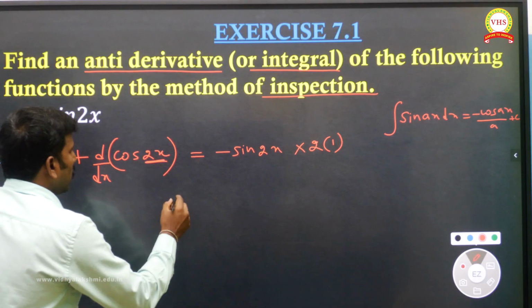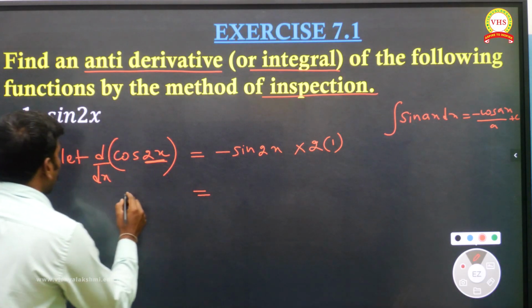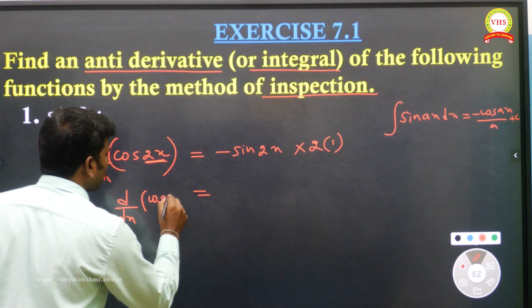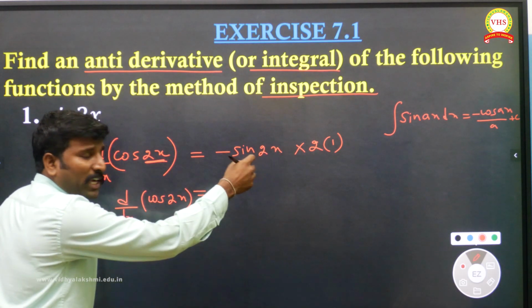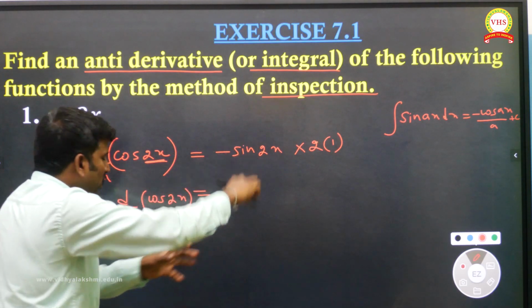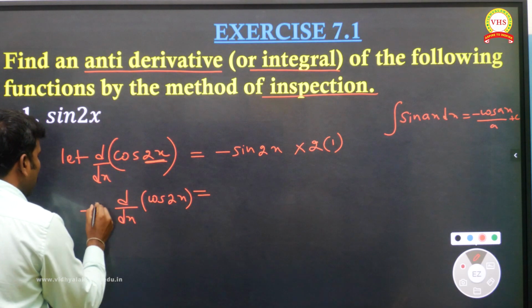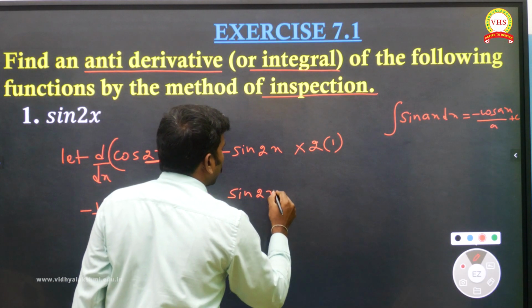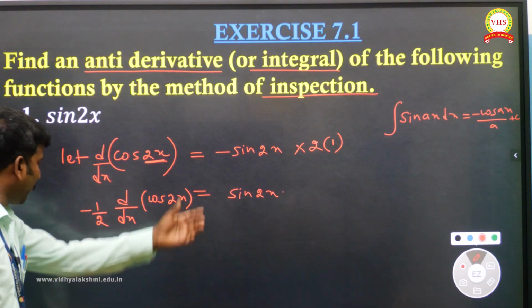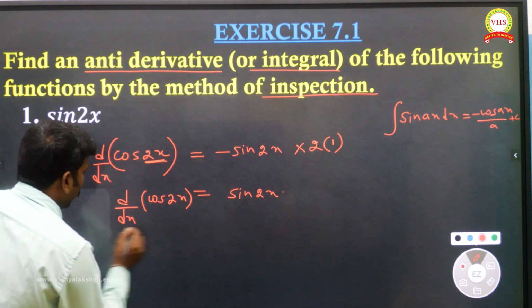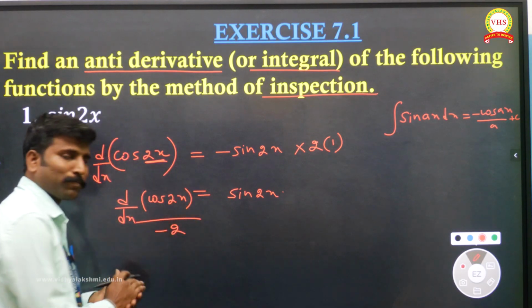The remaining things we send to the opposite side. The multiplication is 2 into 1, that is 2, and the minus. All these multiplying things, when you send them to the opposite side, become division, so it comes as minus 1 divided by 2, with sine 2x remaining. Or instead of writing this, you can even write divided by minus 2; both have the same meaning.